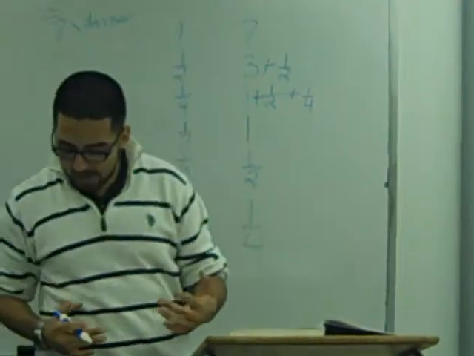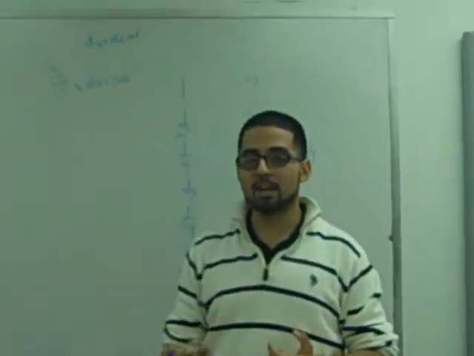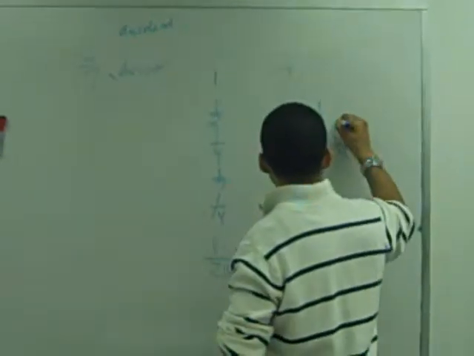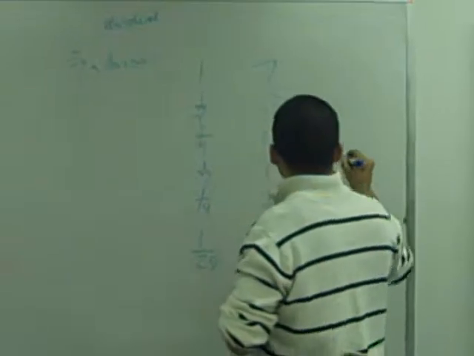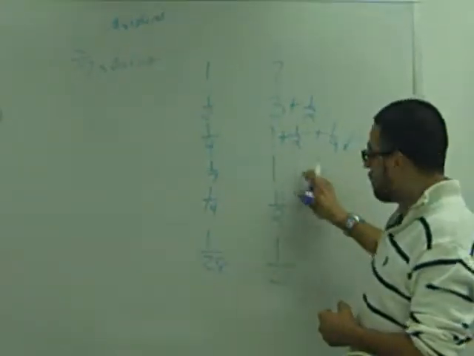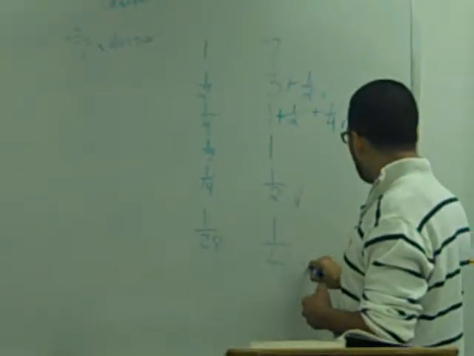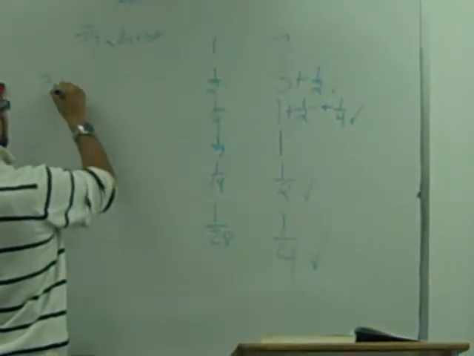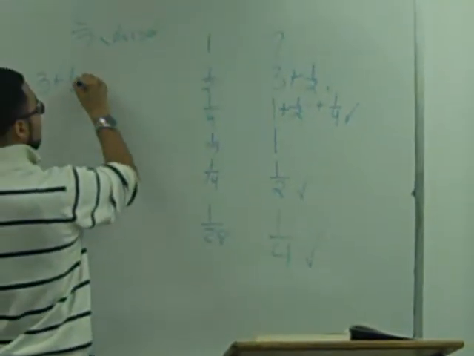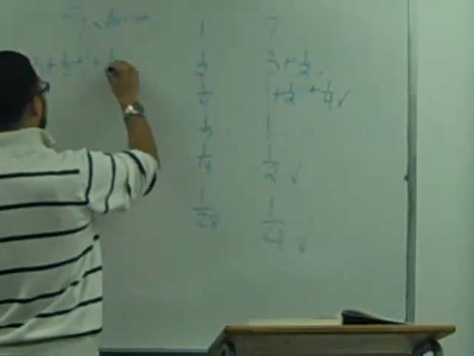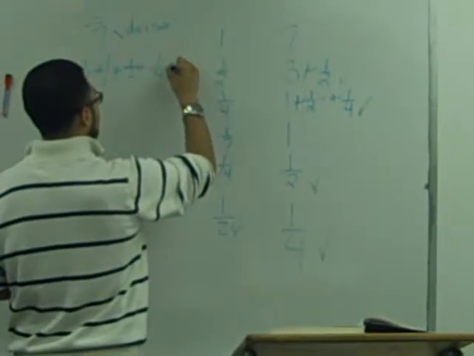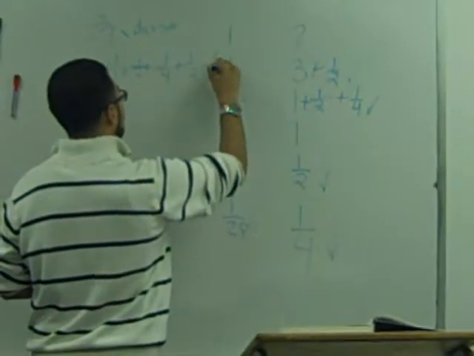Now, in order to add this all up, to try to get your numerator, your dividend, which is 6, you would get 3 1/2, add 1/2, 1/4, 1/2, and 1/4. Because let's look at that. 3 plus 1/2 plus 1 plus 1/2 plus 1 plus 1/4 plus 1/2 plus 1/4.